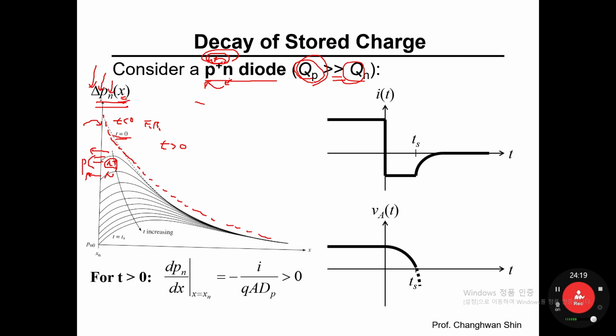Then, if you think about the excess hole concentration profile in the N side, in the end, all this part should be moved out. So as time increases, many holes are moving toward the P side. But notice that all the slopes are identical. Why is that? Because a DC bias has been applied.